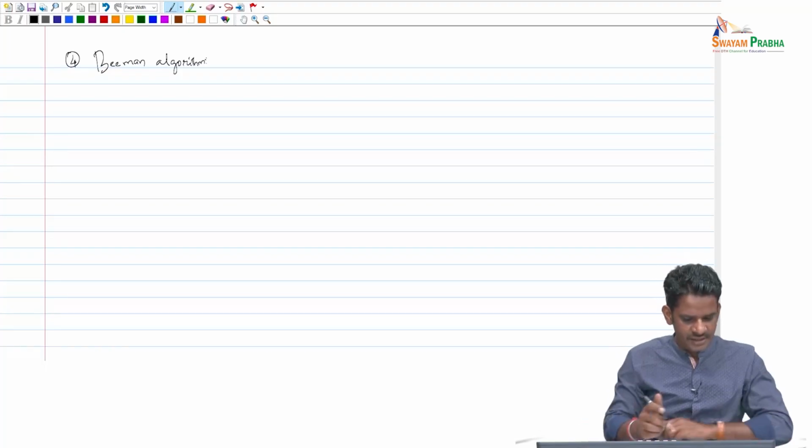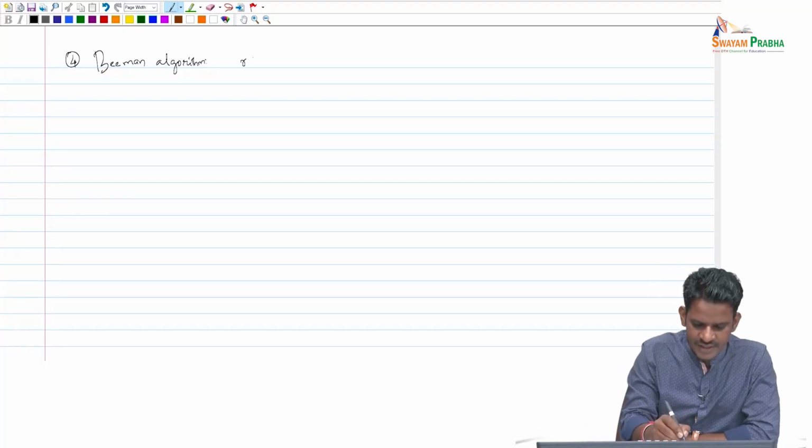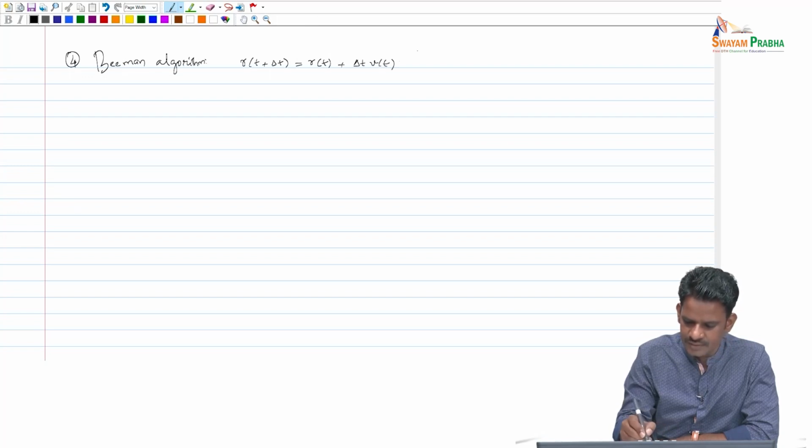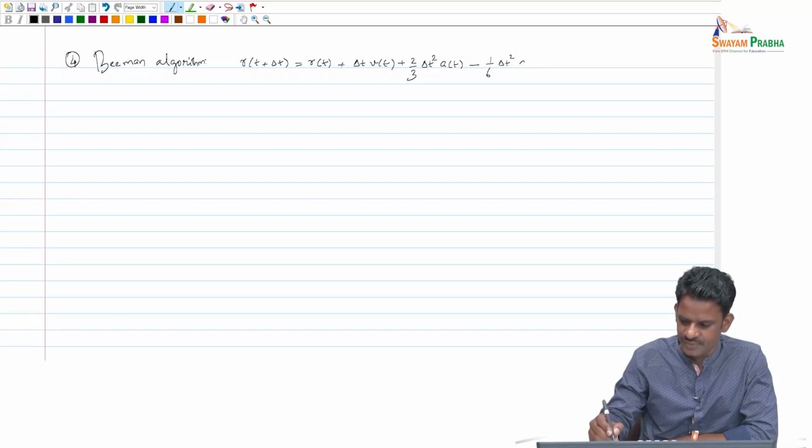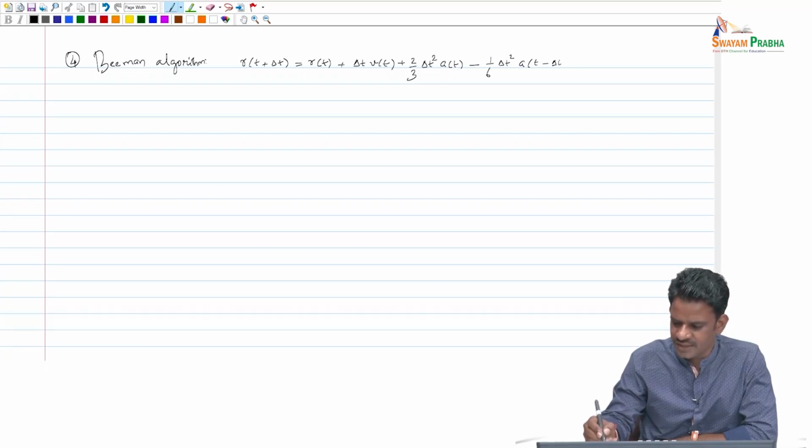So, in that light, the Beeman algorithm goes like this, where the particle position is updated using the current position and the current velocity and the current acceleration with certain weightage factor, and also using the acceleration from the previous step, that is a at t minus delta t.